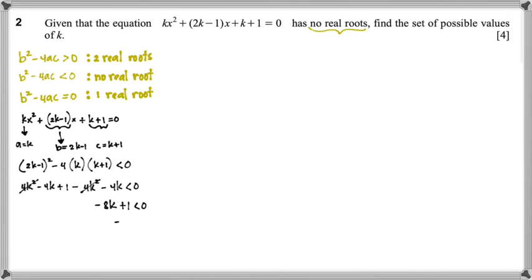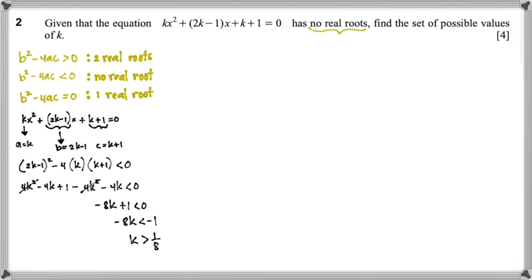Or negative 8k is less than negative 1, or k is greater than 1 over 8. So remember, when you are dividing negative to both sides of an inequality, you flip the sign.